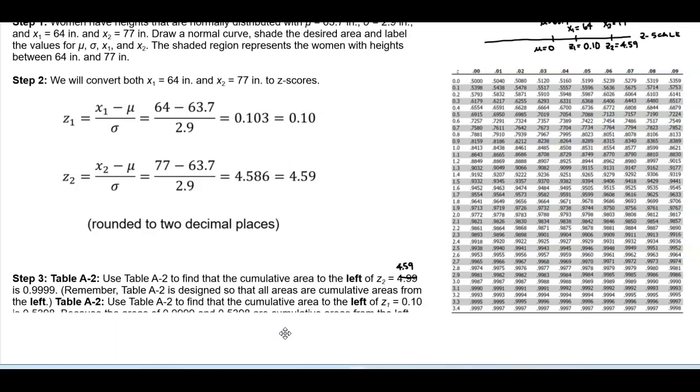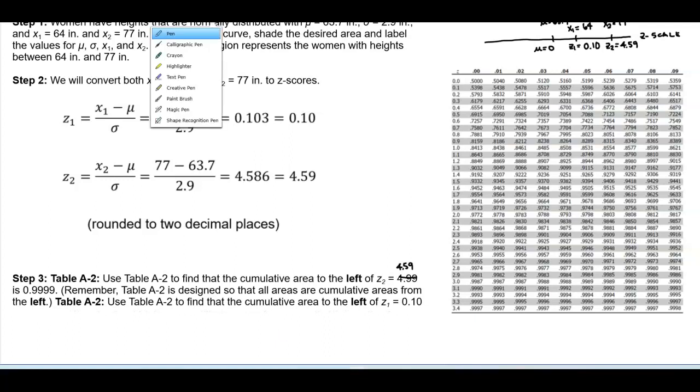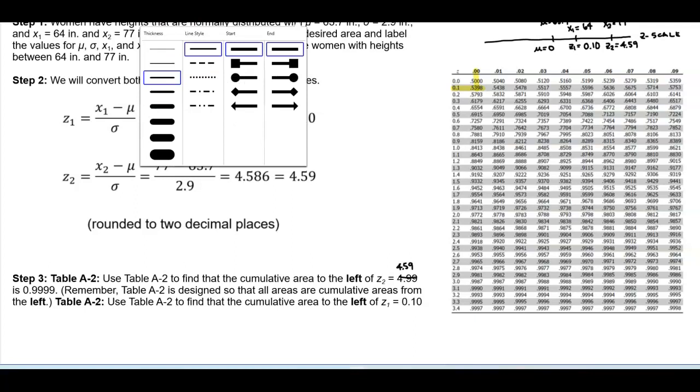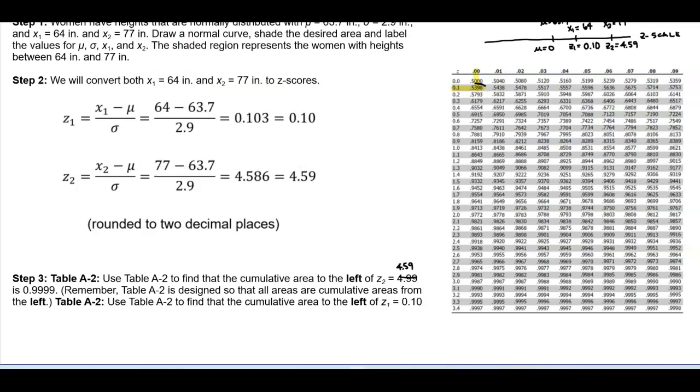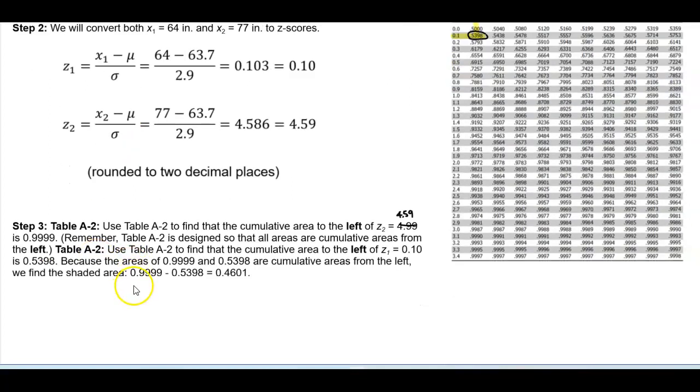Now we're going to use table A2 to find the cumulative area to the left of 0.10. So here's 0.1, and then there's 0, and so we get the area of 0.5398.